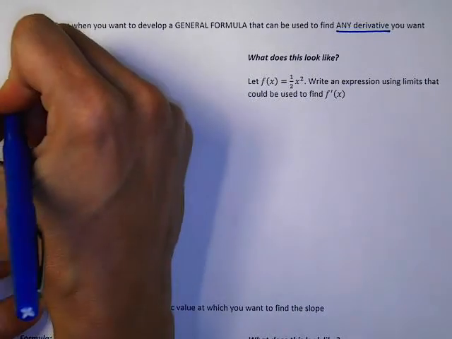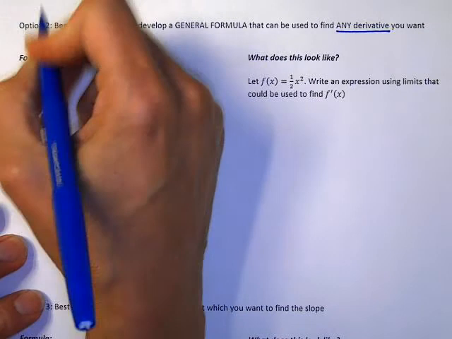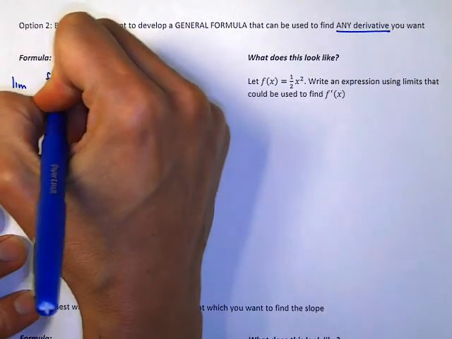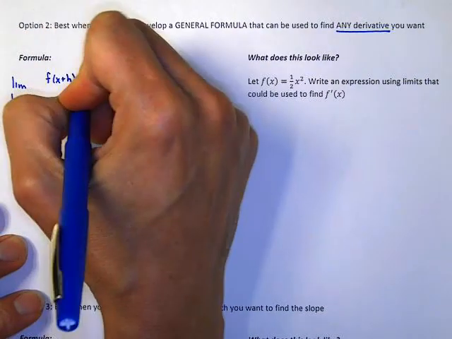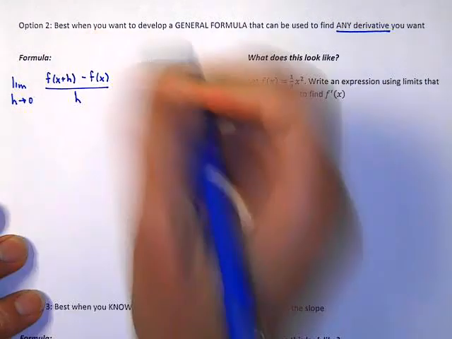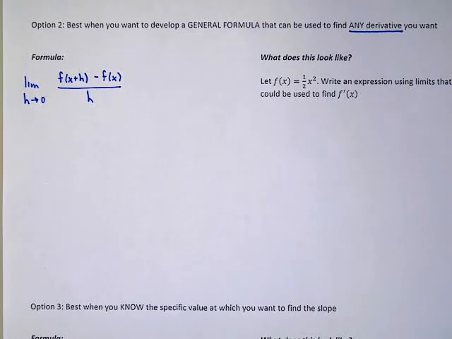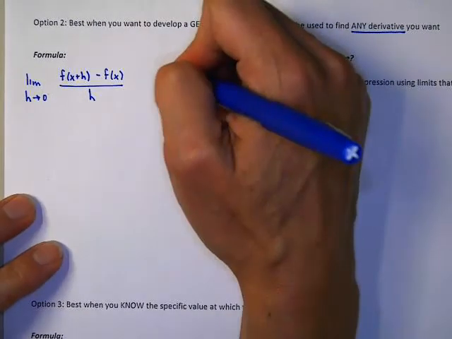This one says the limit as h approaches 0 of f of x plus h minus f of x all over h. That's going to be our formula that's going to give us any derivative, or what we call the general derivative.